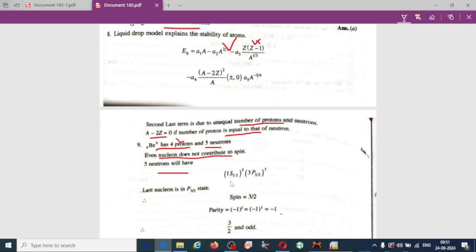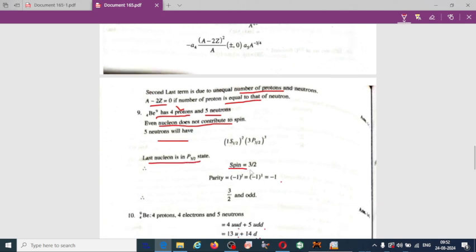The 5 neutrons will fill the levels in terms of s, p, d, f. With only 5 neutrons, we require the s orbital and p orbital: 1s1/2 to the power 2 and 1p3/2 to the power 3. So the last nucleon is in the p3/2 state.